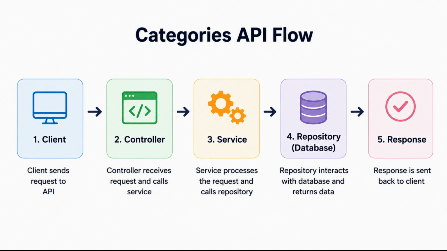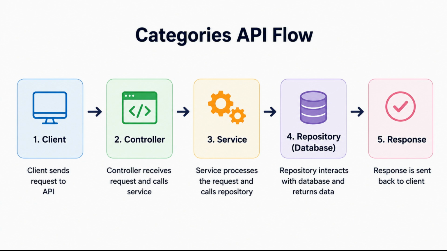It communicates with the database through the infrastructure interfaces. This keeps the application layer independent of infrastructure. The infrastructure layer executes Entity Framework Core queries. The data is mapped into DTOs and returned back through the service to the controller as an API response.